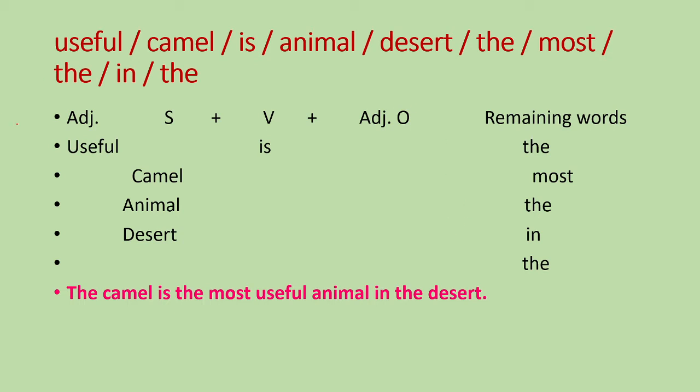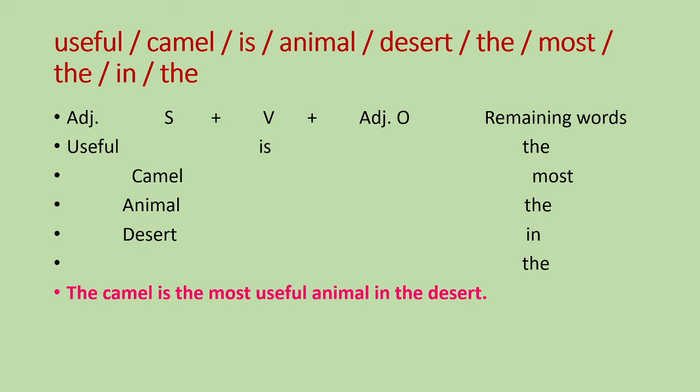So here we are left with very few words and we can see them very clearly, so it is easier for us to make the beginning. So let's choose the subject. Camel, it is very likely that the sentence will start from camel. So camel is useful animal.